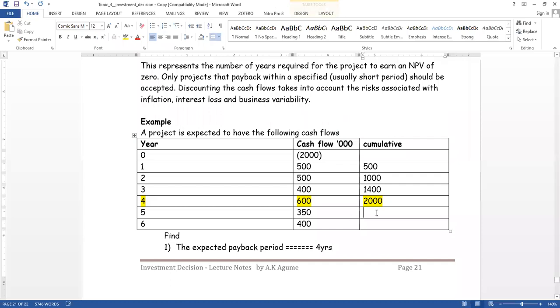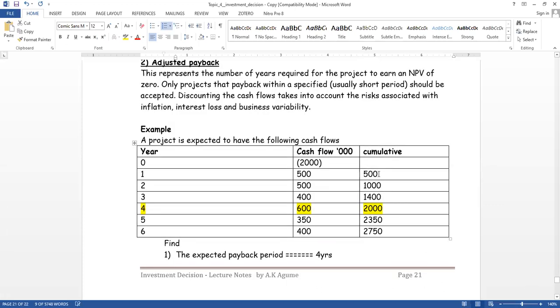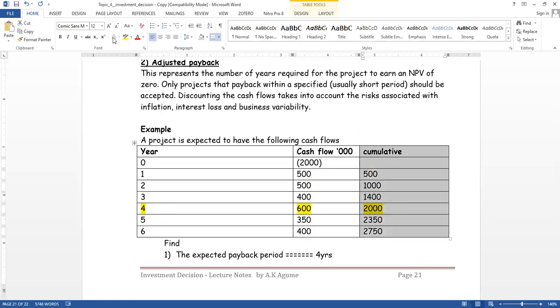So when you add this, 2,350, then 2,750. So that is the expected payback. Now, what about the expected discounted payback period? If the discount rate is 10%, that means you'll be able to discount these cash flows at 10%.